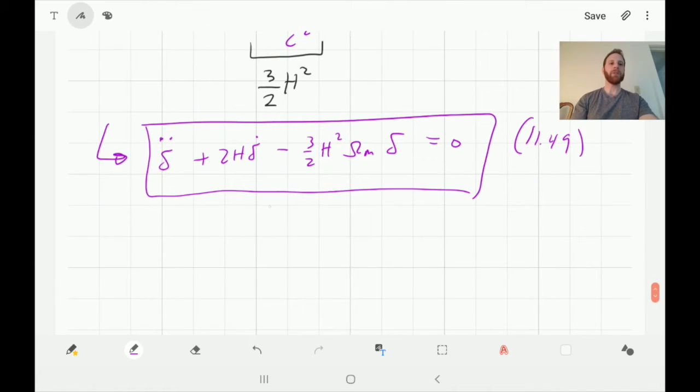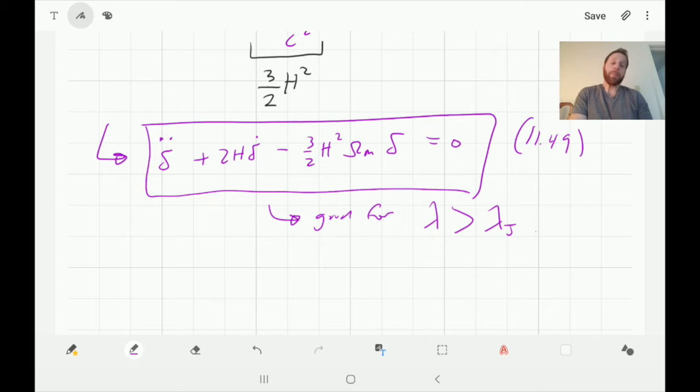So this is good for wavelengths or sizes of perturbation that are bigger than the Jeans length. But that's good, especially when the Jeans length has become very small. Then this equation is good to use.